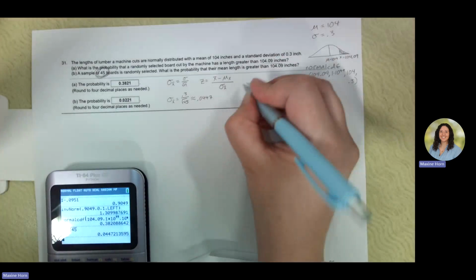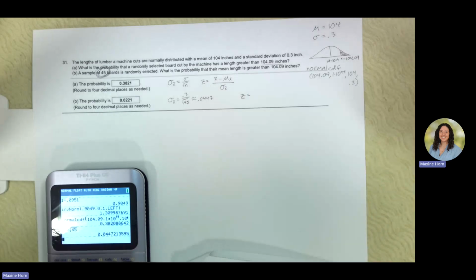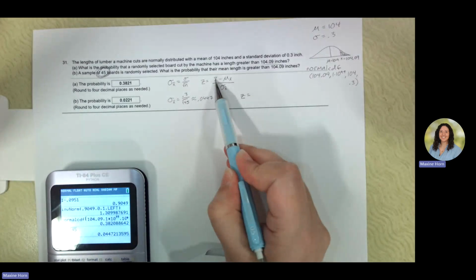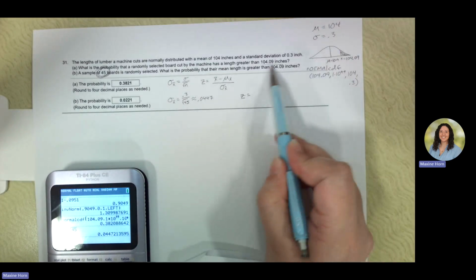Okay, we're going to plug that in to this formula now, right? So now we're finding the z-score. Okay, so we have z equals, this x value, that is what they're asking for, right?